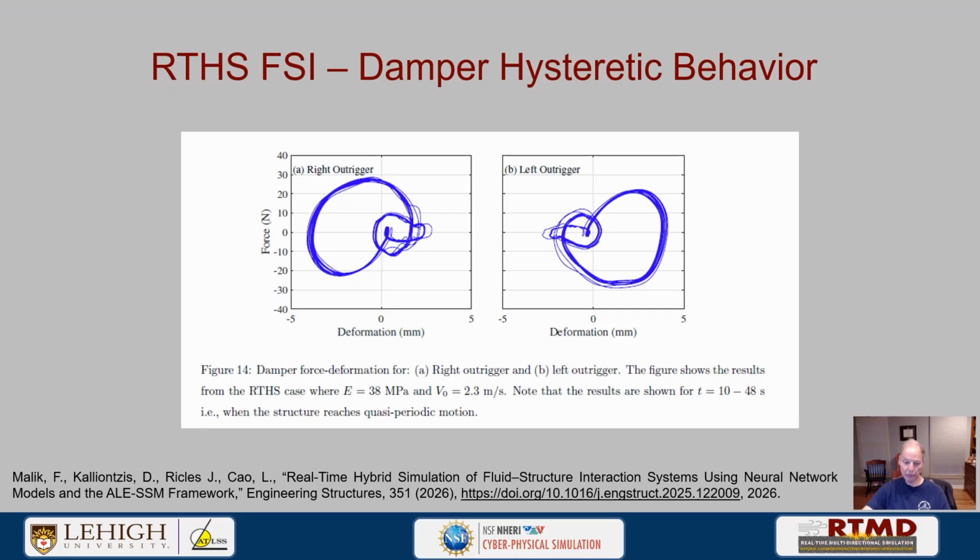This shows for each damper, there's one on the left and one on the right side of the building in the outrigger system. We have the force versus the deformation. We start somewhat near the origin because there's initially some deformation due to the gravity.